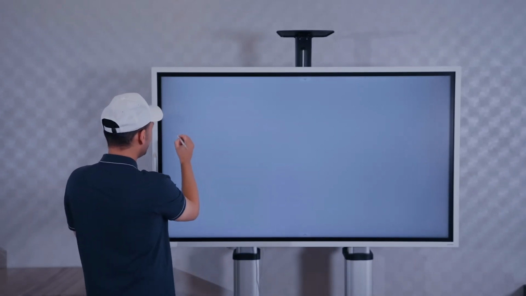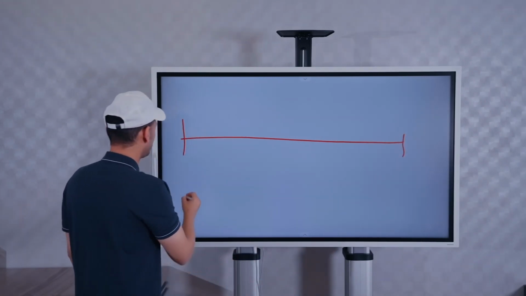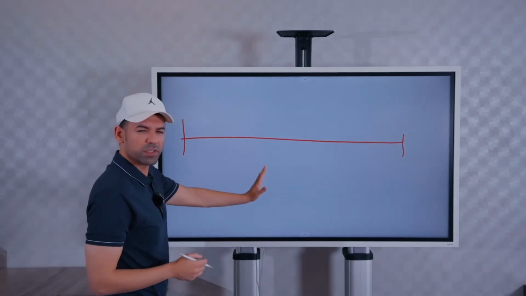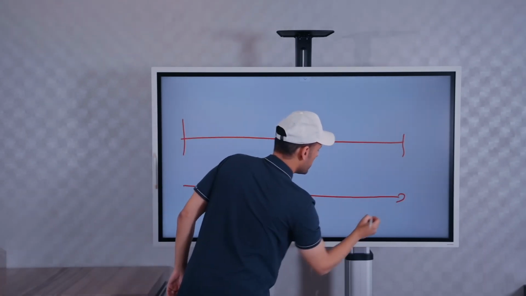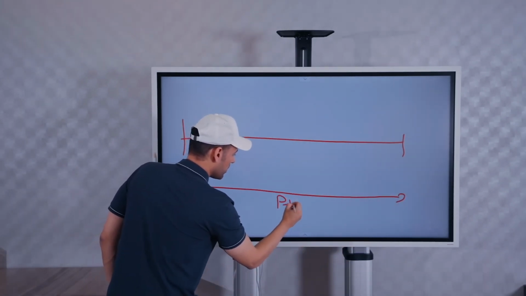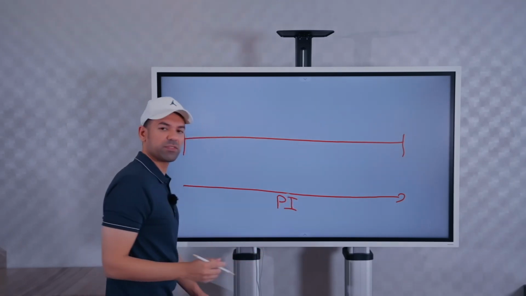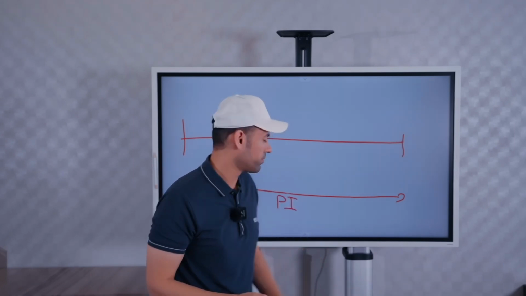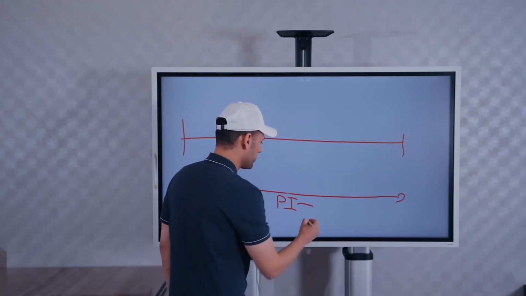So let's put in our timeline. Let's call this the PI. This thing all the way through is called a PI. Now a PI basically stands for program increment. And a program increment is roughly about 8 to 12 weeks.